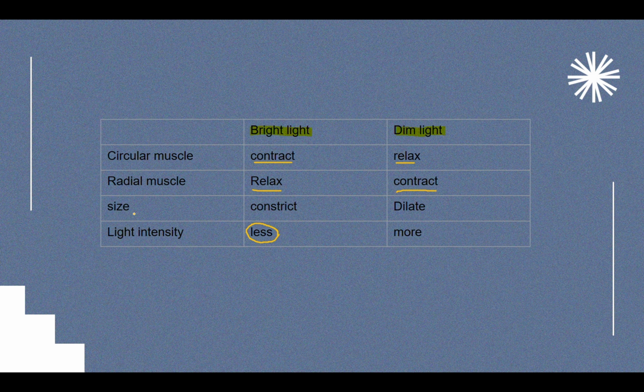So when you are in a dark room and you look through your mirror, for instance, you will see that your pupil is so large compared to your eye when you are in a bright room. And that is because you want more light to enter into your retina so you can see what is happening around you. And so eventually the light intensity will become more.